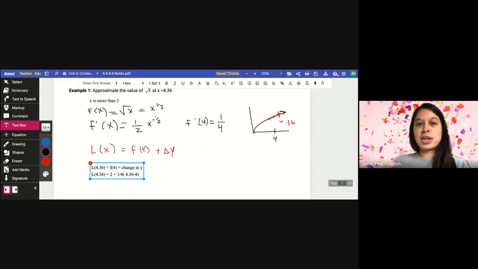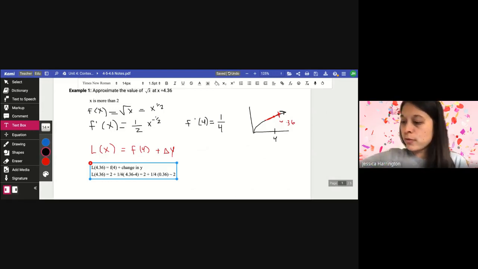That is the change in y, the slope times the distance in x. Then we can solve that, and we would end up with 2 plus 1/4 times 0.36.